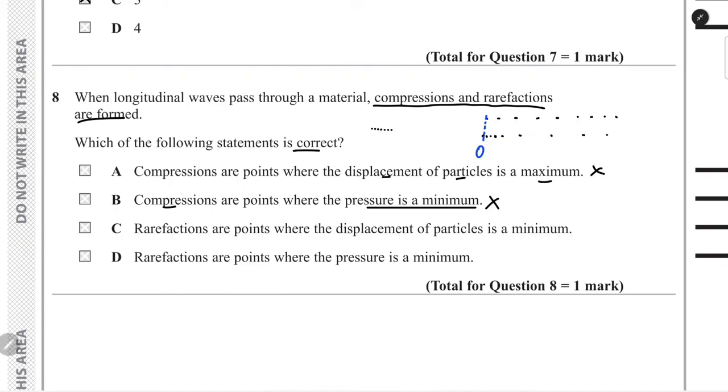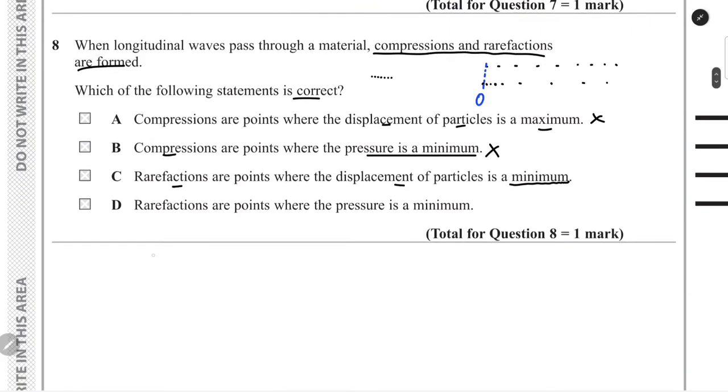This is wrong. In option C, we are given that rarefactions are points where the displacement of particles is a minimum. This is also wrong. For longitudinal waves, at compressions and rarefactions, C stands for compression, R stands for rarefaction, displacement is 0.